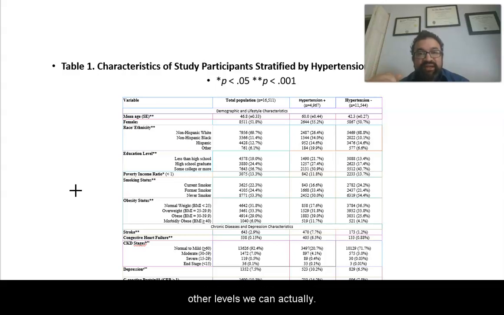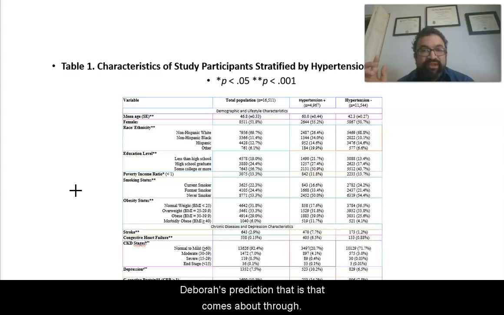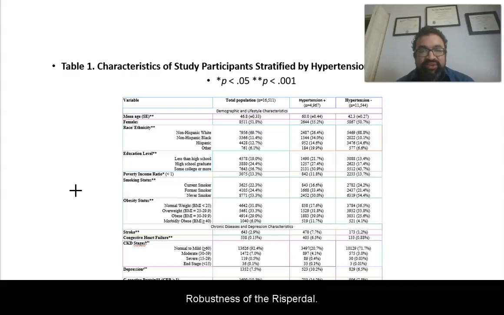And on other levels, we can actually go further and create certain programs based on the risk prediction that comes about through any sort of machine learning, including random forest, and some more robust ensemble machine learning and deep learning techniques that can further enhance the robustness of the risk prediction.